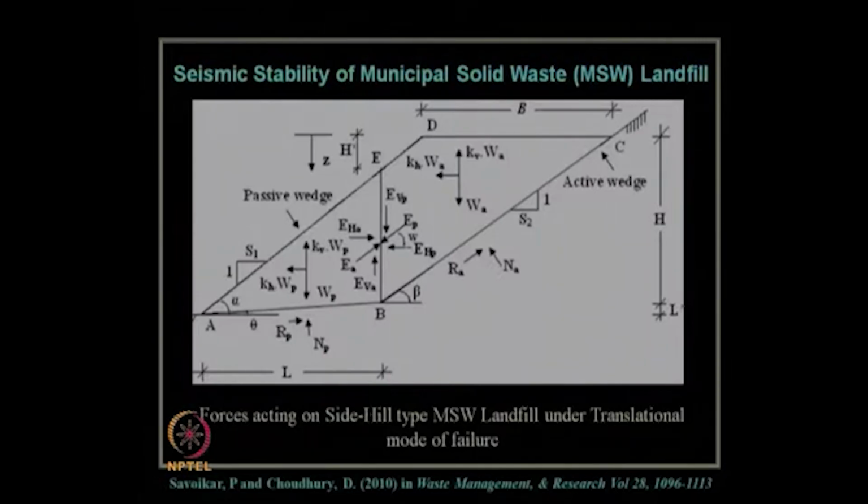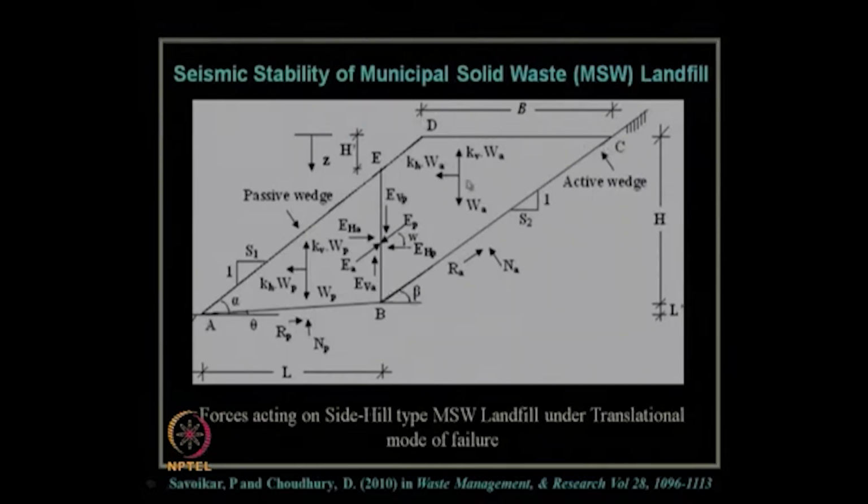Further, the analysis was carried out for seismic stability of MSW landfill. This is for side hill type landfill, another type of landfill which is called side hill type. So, this is the slope of the hill and this portion is the landfill.